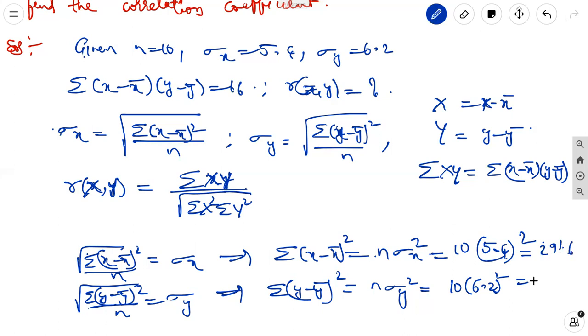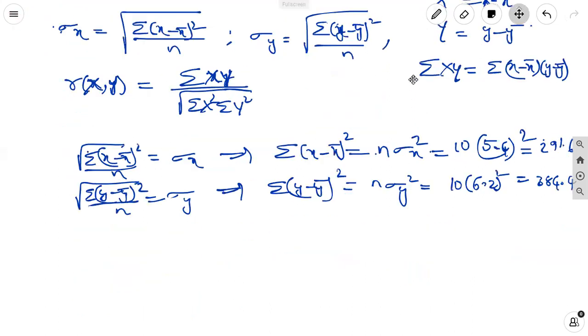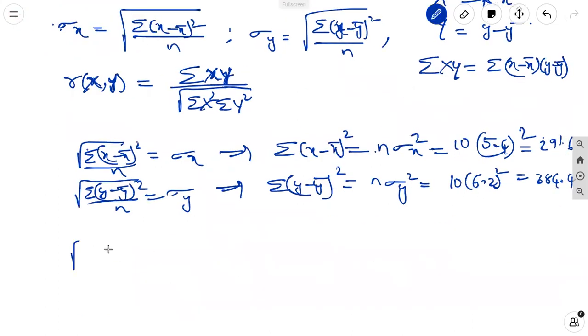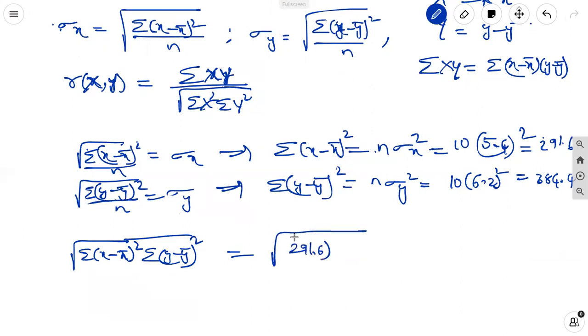It is 291.6. This one is 6.2 whole square into 10, which is 384.4. The square root of the product of summation of (x minus x bar) whole square and summation of (y minus y bar) whole square is equal to under root of 291.6 into 384.4.